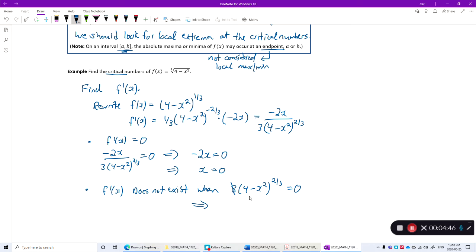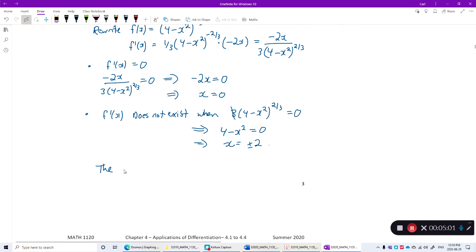Well, I can cancel the 3, and for this to be 0, the expression inside here must be 0. Then I can see that x is plus or minus 2. So the critical numbers of f are c equals 0, minus 2, and plus 2. All three of them are critical numbers.